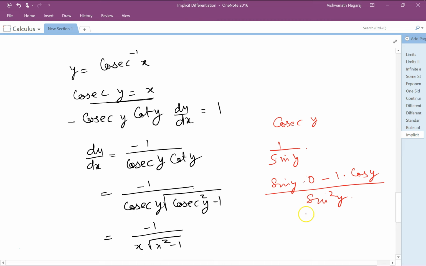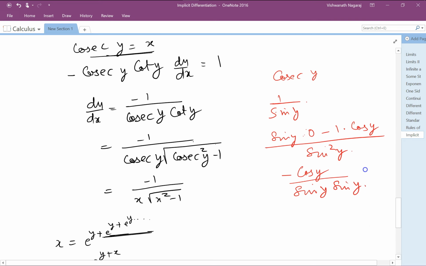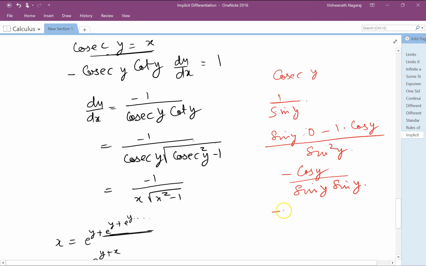Now this becomes 0, so we are left with minus cos y. Now this we can write as sin y times sin y. So cos y by sin y becomes cot y, and 1 by sin y becomes cosec y.